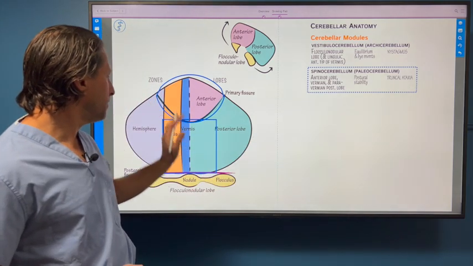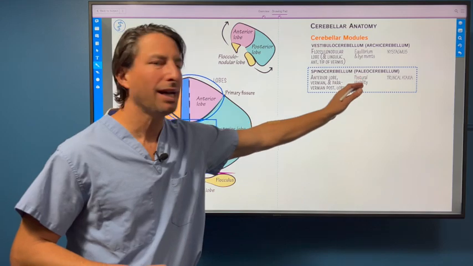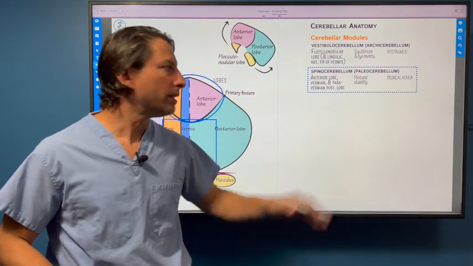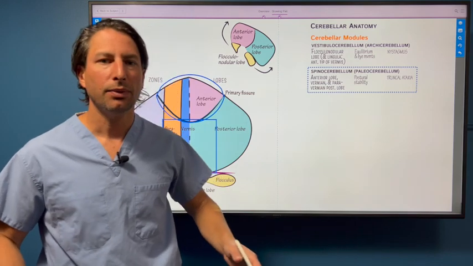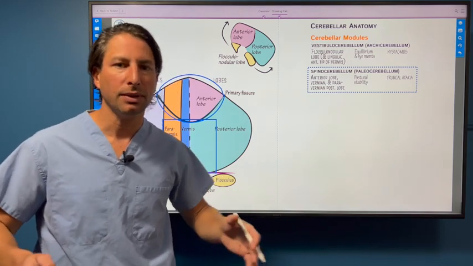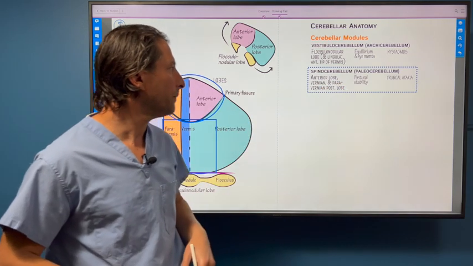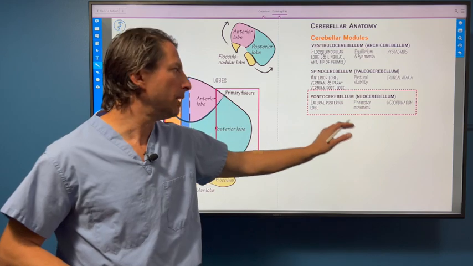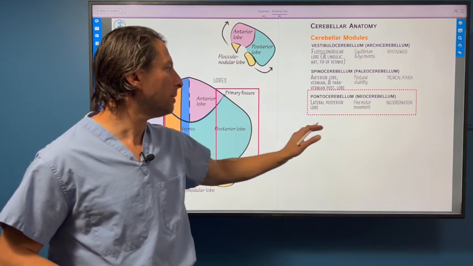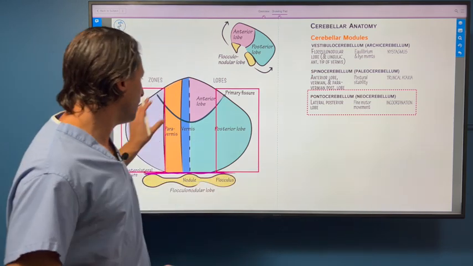Spinocerebellum, this vermis, paravermis in the posterior lobe and then the anterior lobe, is key for postural stability. So the key clinical manifestation of injury then is truncal ataxia. When we stand up, we're unable to stand upright because we don't have this postural stability. Then the newest phylogenetic region of the cerebellum is the pontocerebellum, this lateral posterior lobe here, this hemisphere.